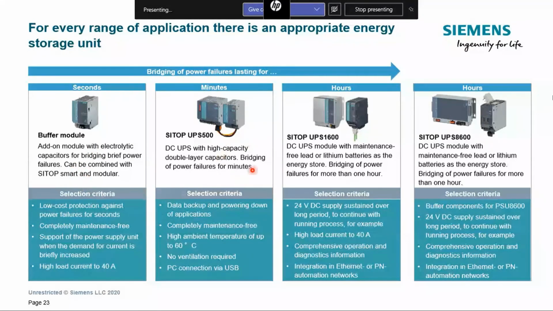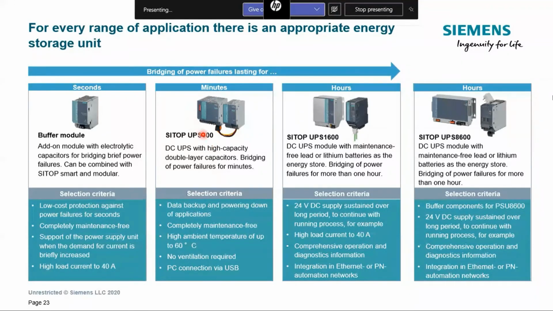Then for actual backup, we have backup either using capacitors, which is what the UPS 500 family does, or backup using batteries. Now, using the capacitors, of course, we cannot back up through long times. We can have up to minutes maximum.